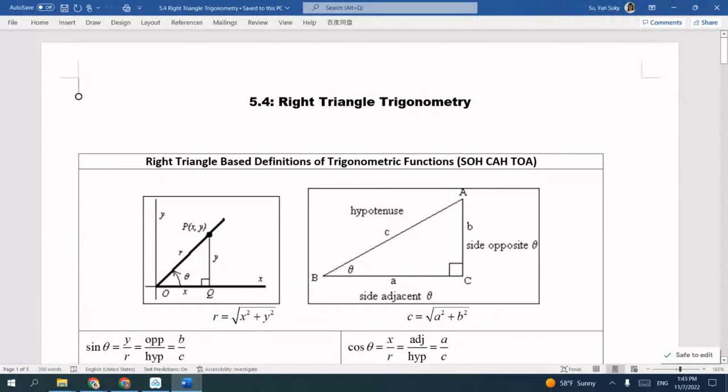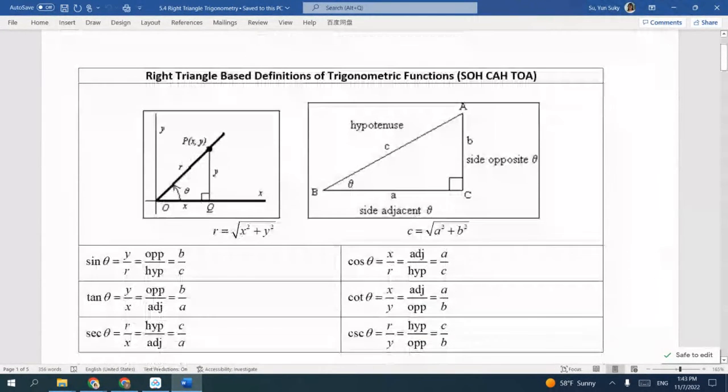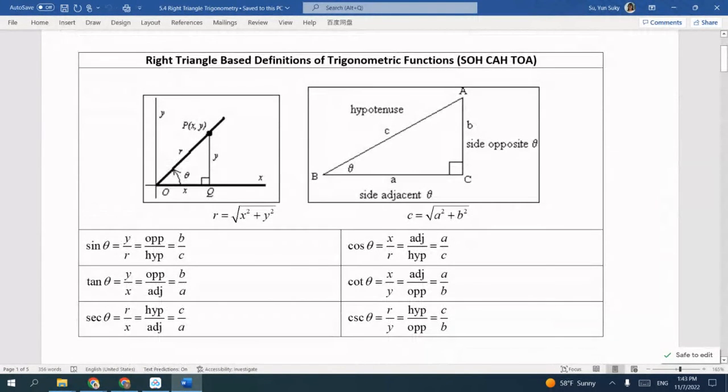5.4, right? Triangle trigonometry. So here we have the triangle. Actually we did this before. Remember? Sine is opposite over hypotenuse. Cosine is adjacent over hypotenuse. Tangent is opposite over adjacent.